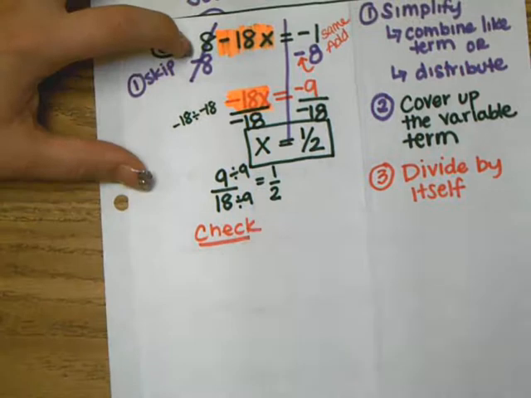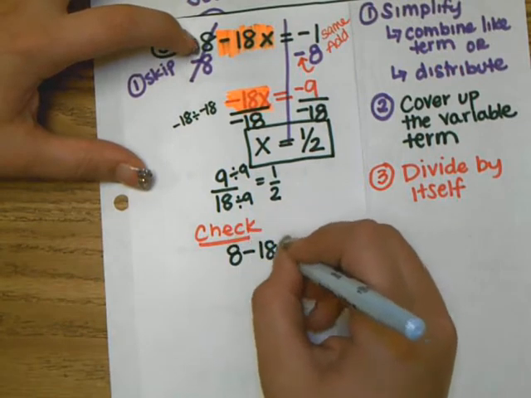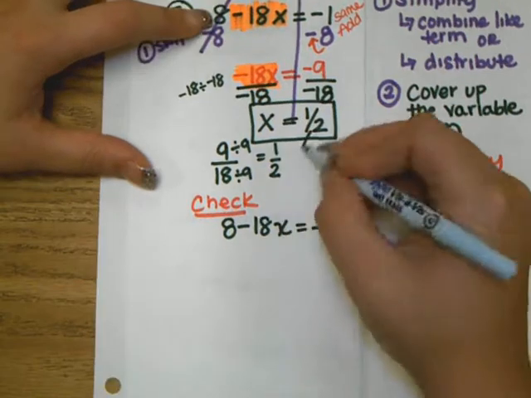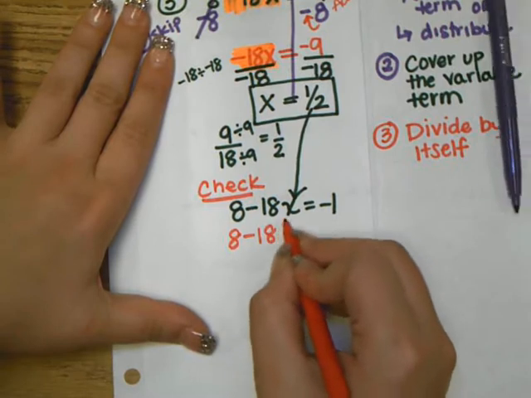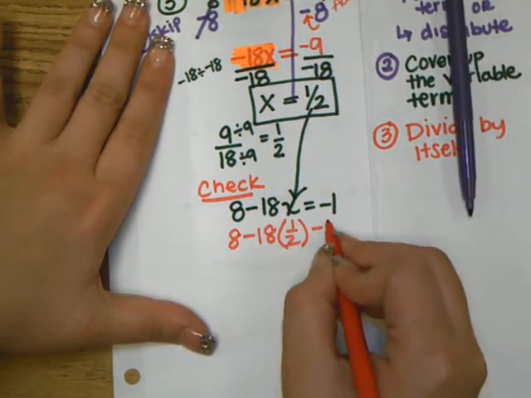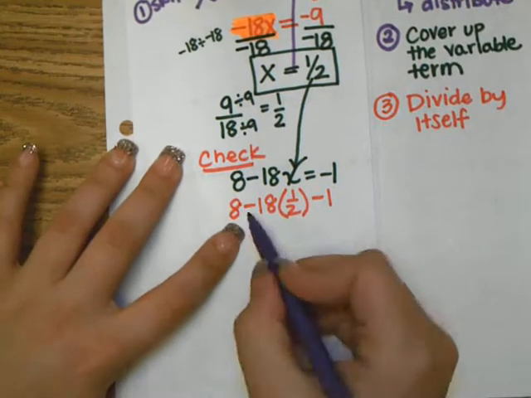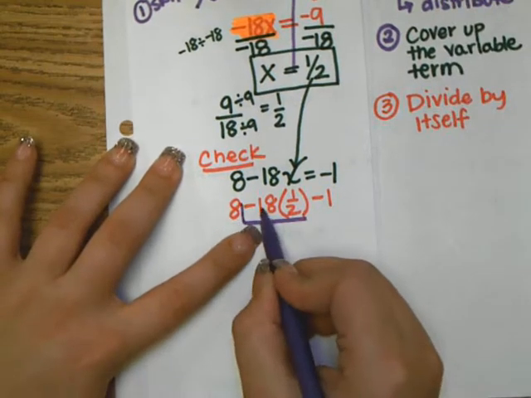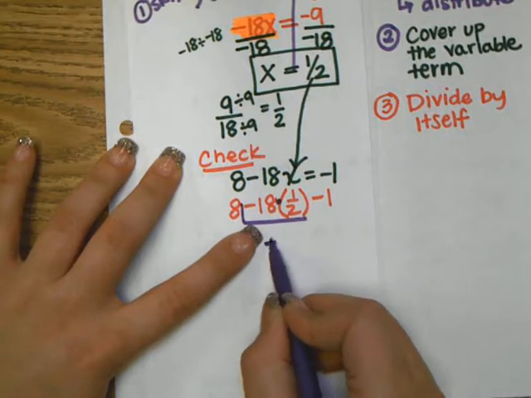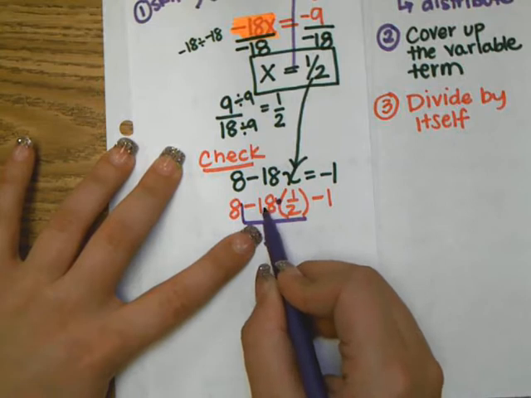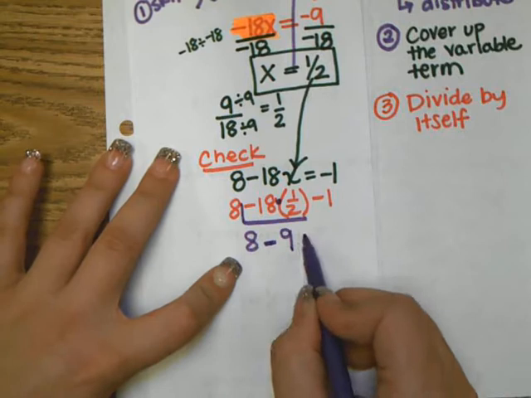Now I'm going to show you the check for this one. So if I check this, I want to know, is x really a fraction? Is it really 1/2? So I'm going to take my original problem, and I'm going to plug in a half right there. So I have a negative 18, so a negative times a positive is a negative.